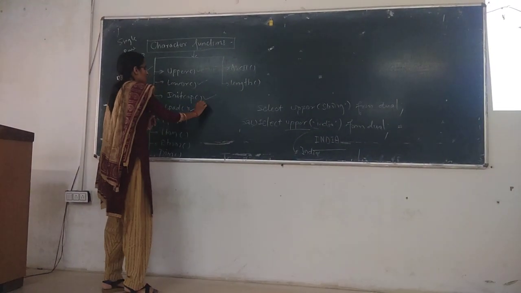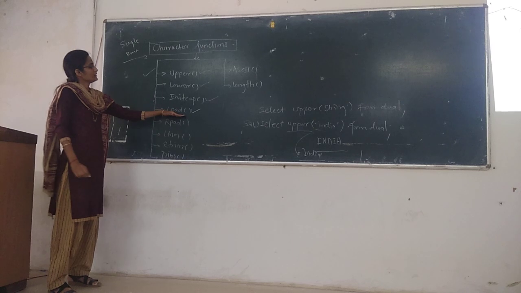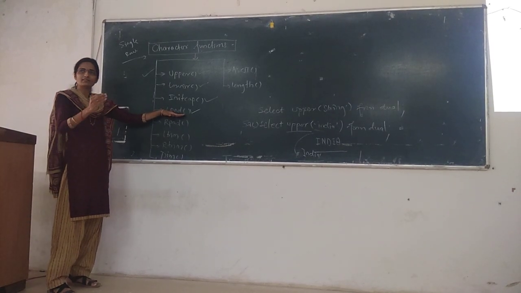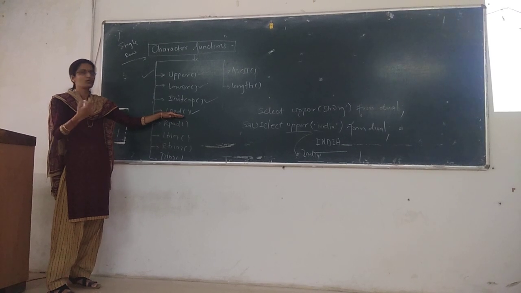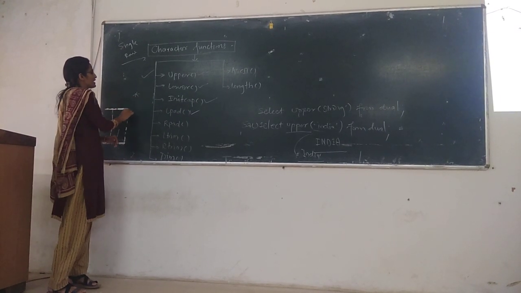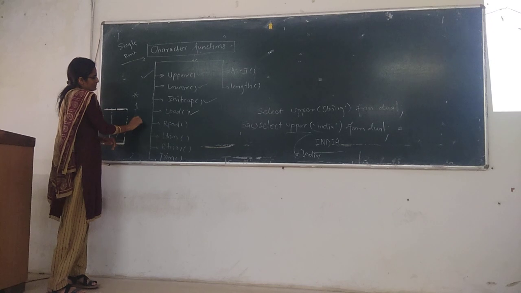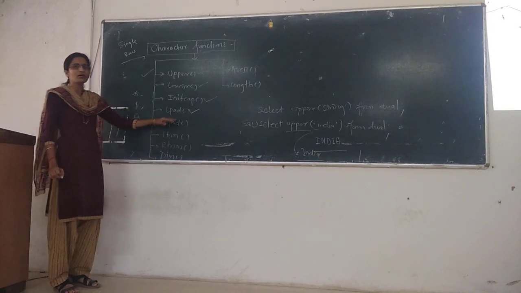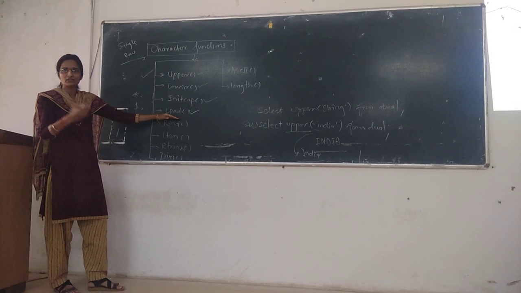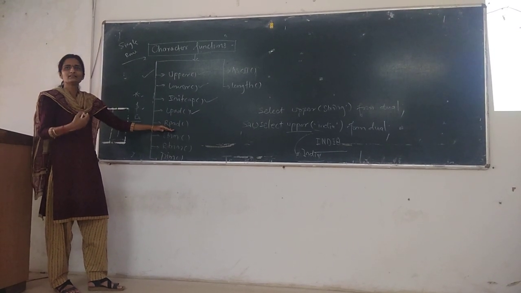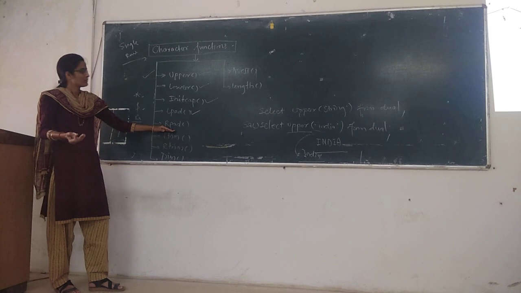Next is the lpad. This function is used to add the particular character on the left side of that string. If you want to add special character like star, dollar or RS, at that time you can use lpad or rpad. Lpad means adding the character on the left side. Rpad means adding the character on the right side.